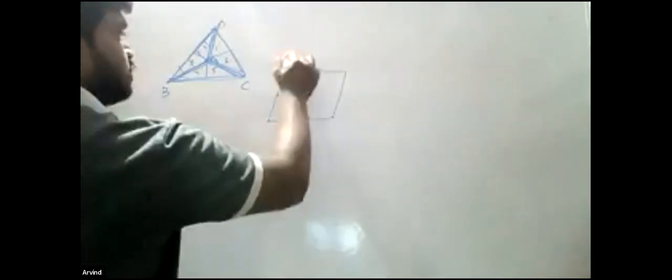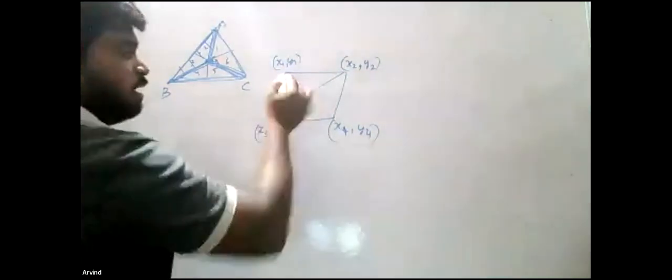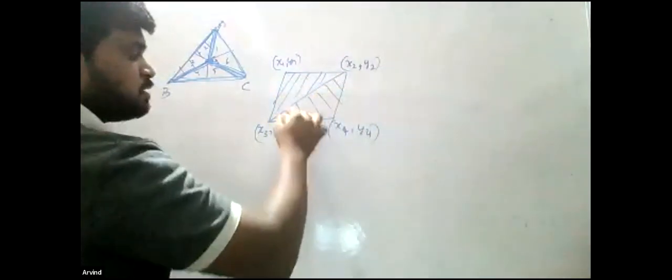Generally, if there is a quadrilateral with vertices x1, y1, x2, y2, x3, y3, x4, y4, just draw a diagonal. You can see there are 2 triangles. Using the area of a triangle, first find the area of this triangle, then find the area of the other. Then add both, you will get it.